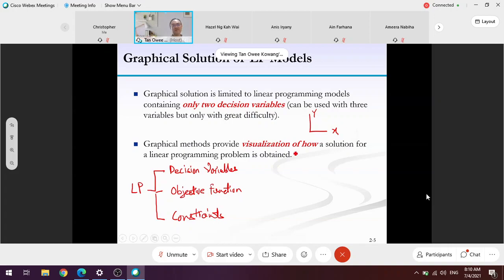Okay, x and y. Now I'm going to tell you how to develop a graphical solution of linear programming using a graph in general. So the first step is to refer to the decision variables. Seems that some of you answered y, answered 4. Maybe you thought this is another axis. No, this is negative x, still belonging to x.